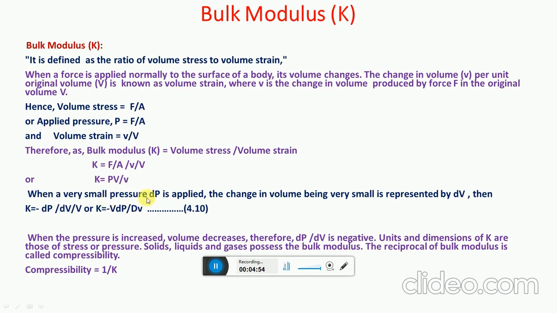When a very small pressure is applied, instead of P we can write dP, that means small pressure, and we have dP upon dV upon V, or K is equal to minus V dP by dV. When pressure increases, volume decreases, therefore dP upon dV is negative. The reciprocal of bulk modulus, that is 1 upon K, is known as compressibility.